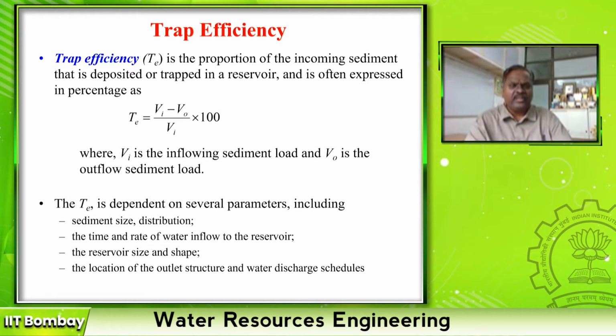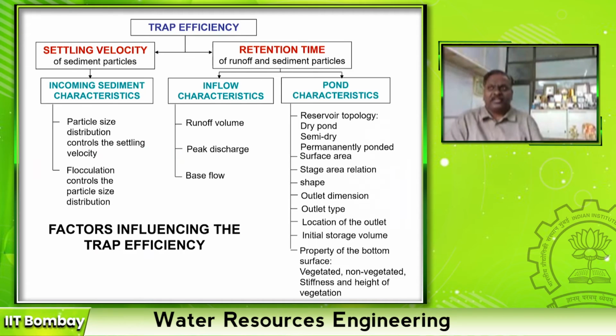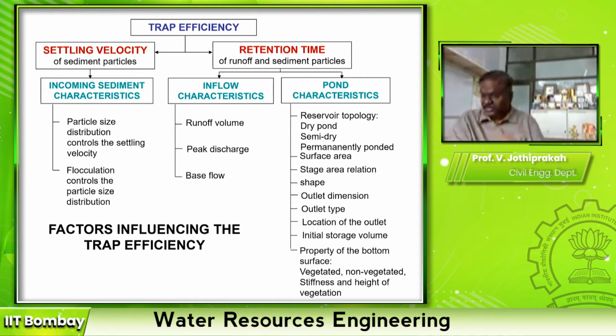Then the time and rate of water inflow into the reservoir, shape and size, location of the outlet structure, and water discharge schedules. CE401 Water Resource Engineering, we are seeing one of the important water resource creations, that is dams and reservoirs.